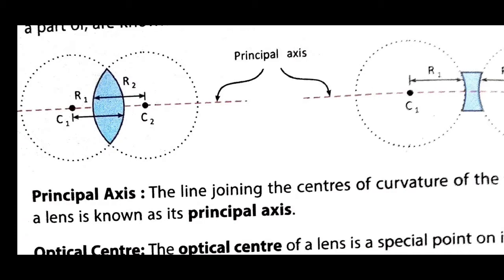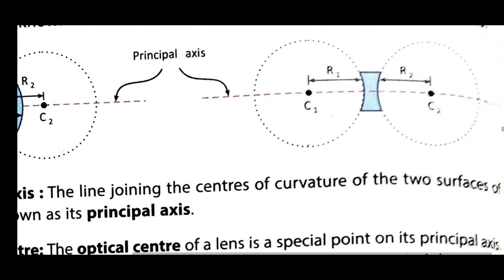In this figure, the convex lens is made from two spheres. These dotted lines show the spheres, while in this figure, this concave lens is also made from two spheres, and here again the dotted lines show the two spheres.